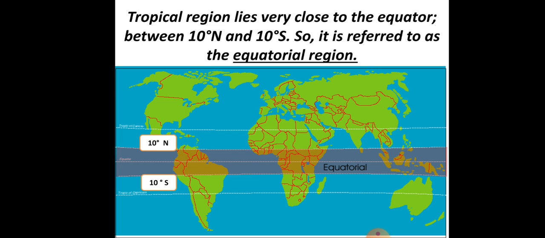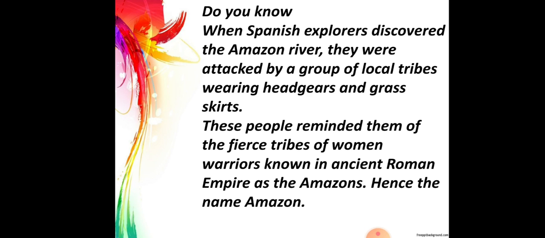As you all know, the tropical region lies very close to the equator, so this Amazon basin is located between 10° north to 10° south, and so it is referred to as the equatorial region.